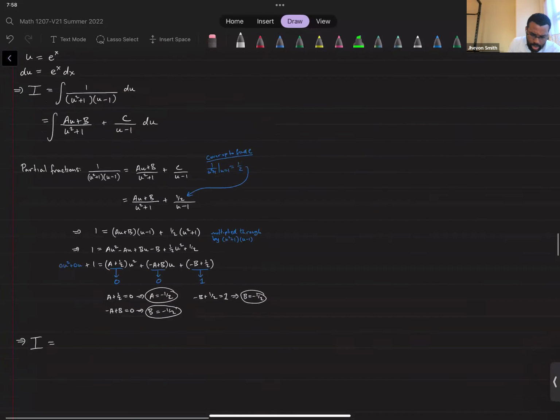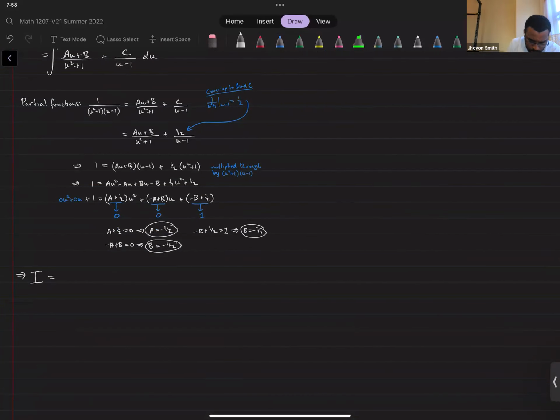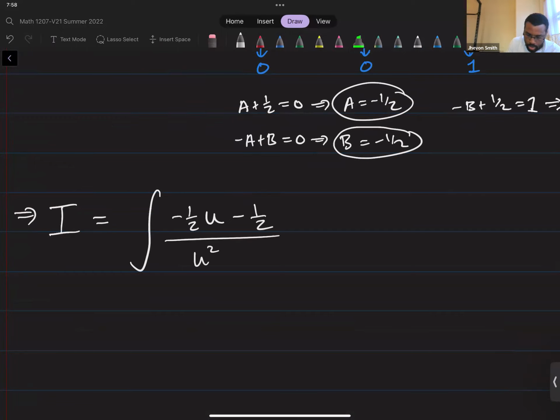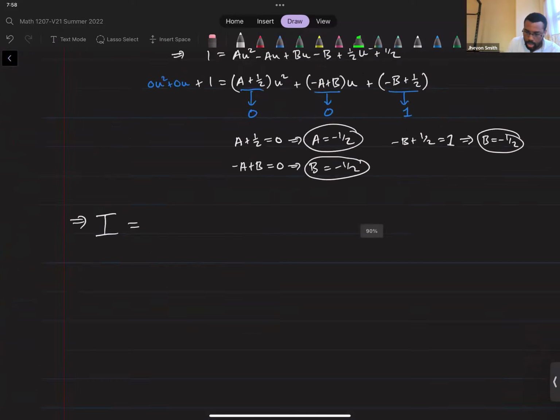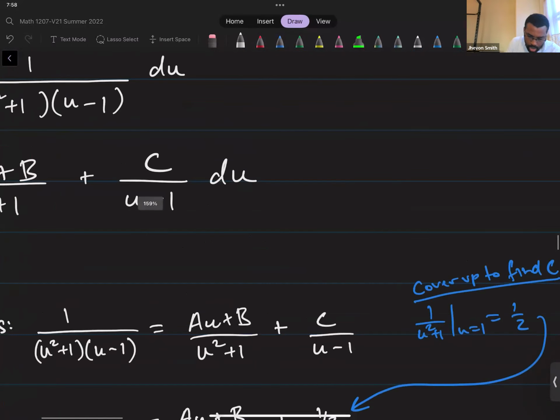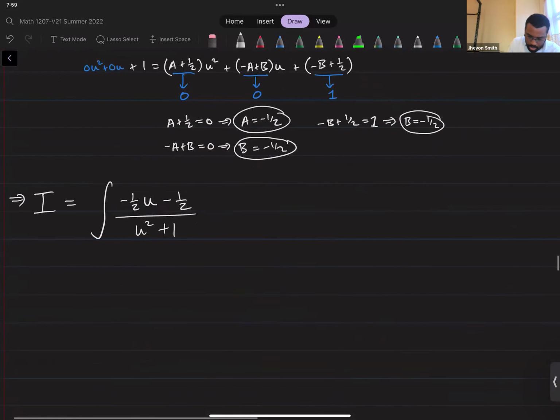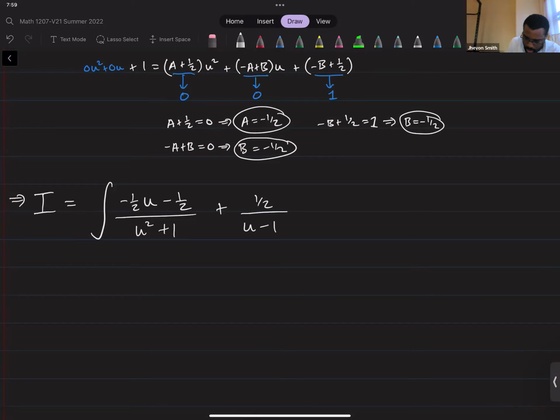What do we have? The integral of Au plus B over u squared plus 1, and our C is positive 1/2 over u minus 1.